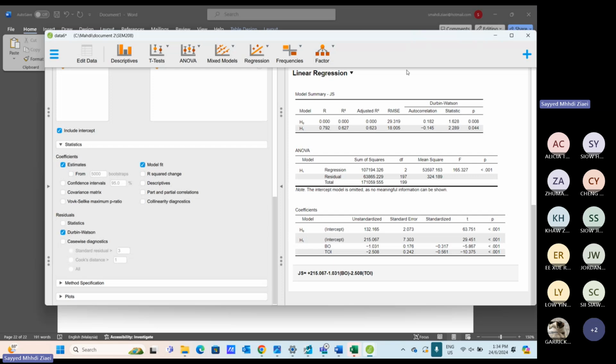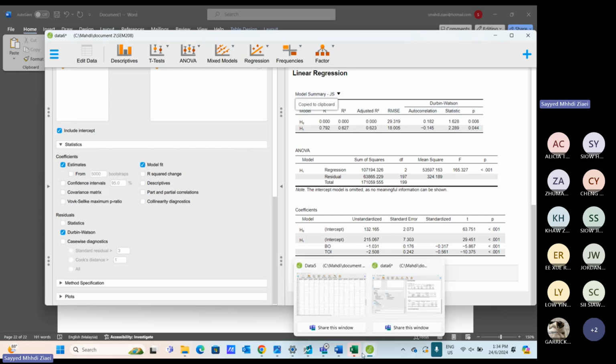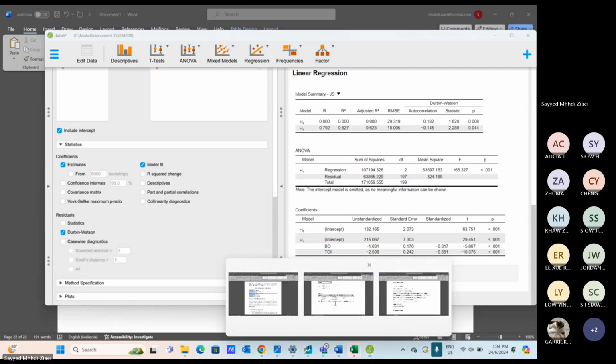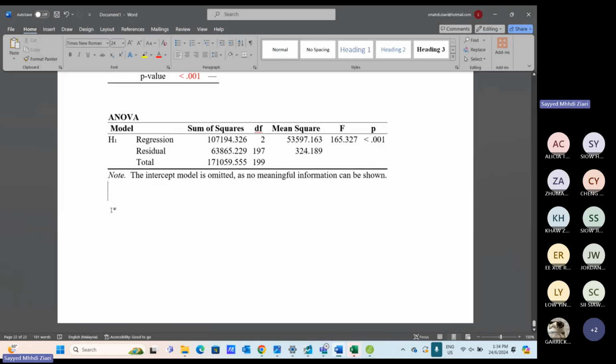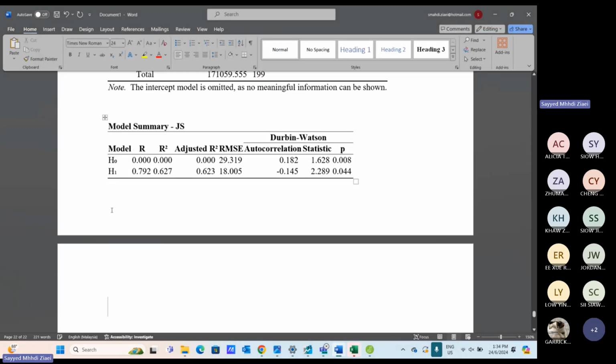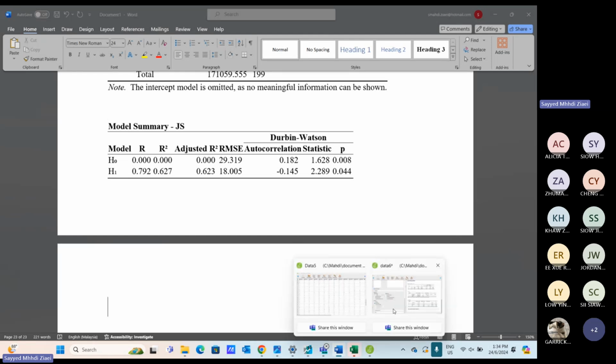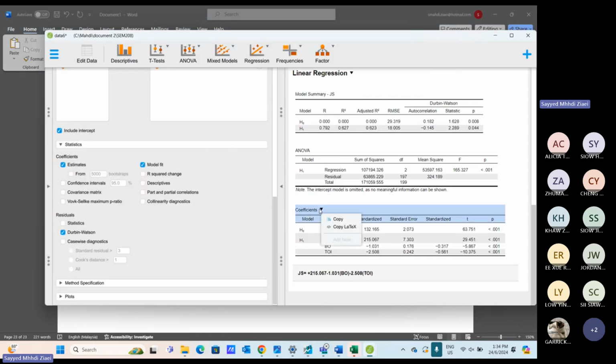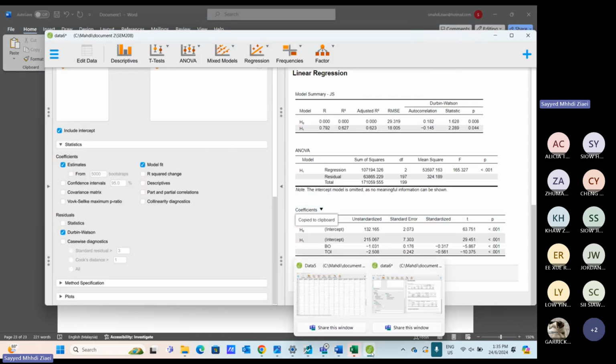So based on this information that you can copy and paste, you can get information of the Durbin-Watson test. So let me take this one for Durbin-Watson, copy and paste one for the main result.